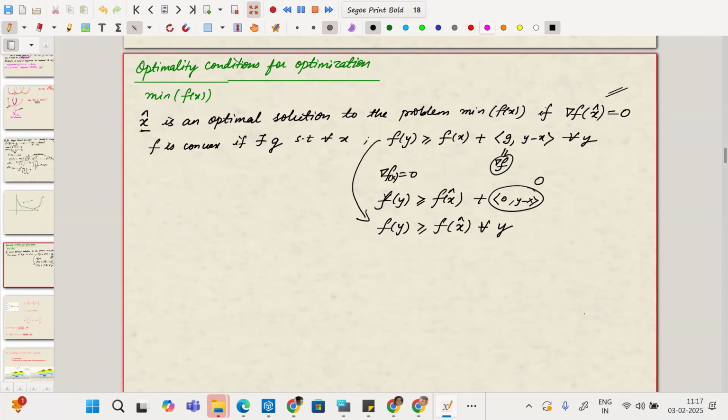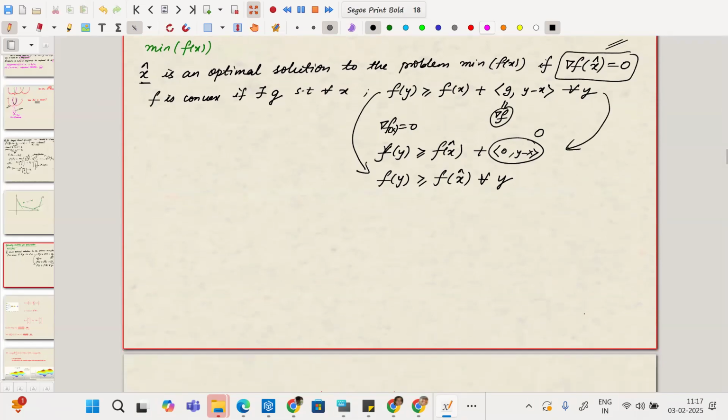What does it say? f of x hat is the minimum. So this condition is interpretable in different ways, meaning the conditions are equivalent.